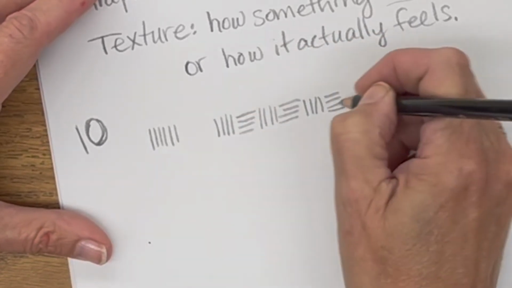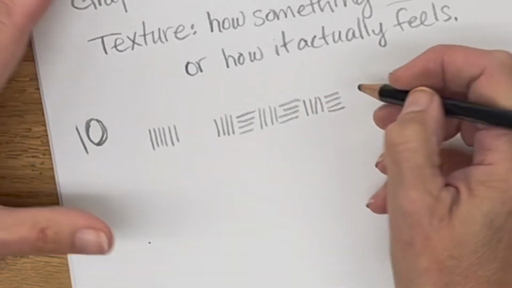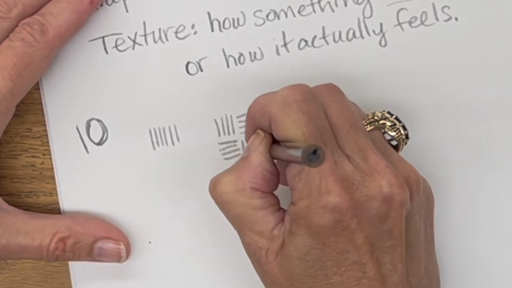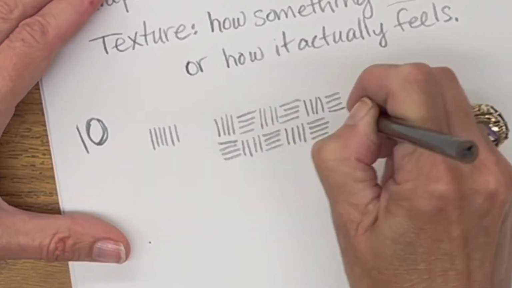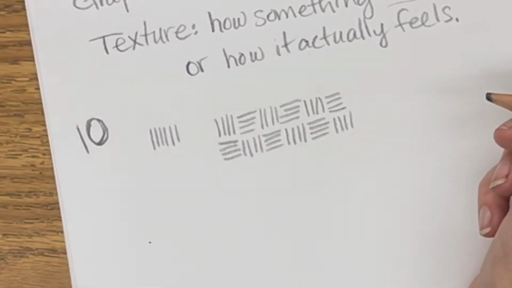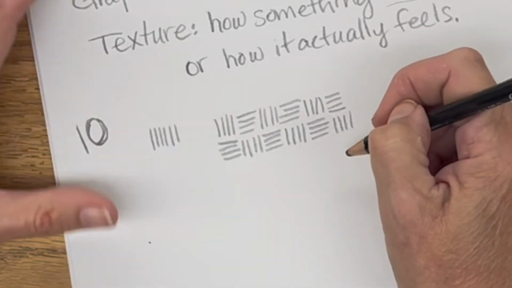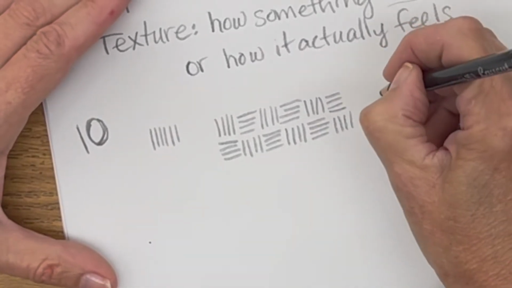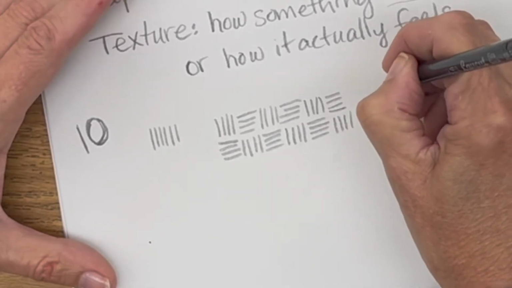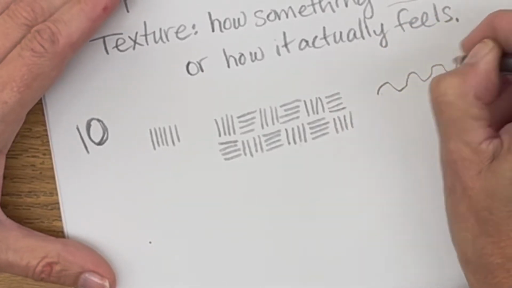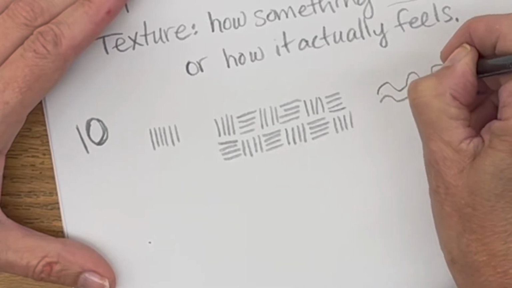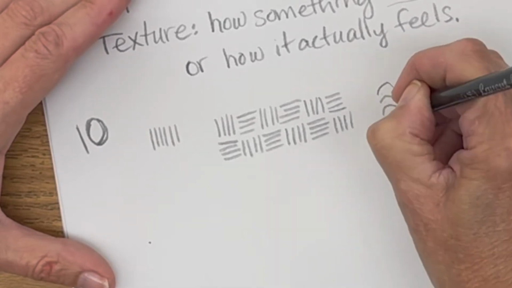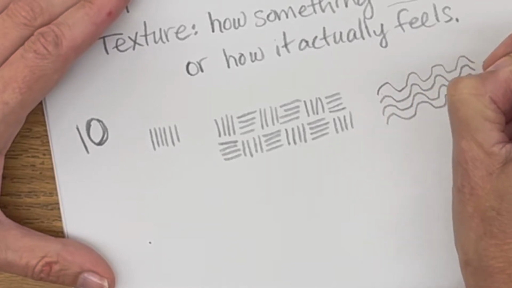And if I make rows and rows of that, it's going to add up to being texture. We can use straight lines that go different directions. We could do curved lines that are long and curvy and put those together, and that will end up becoming a texture if we put them close together.